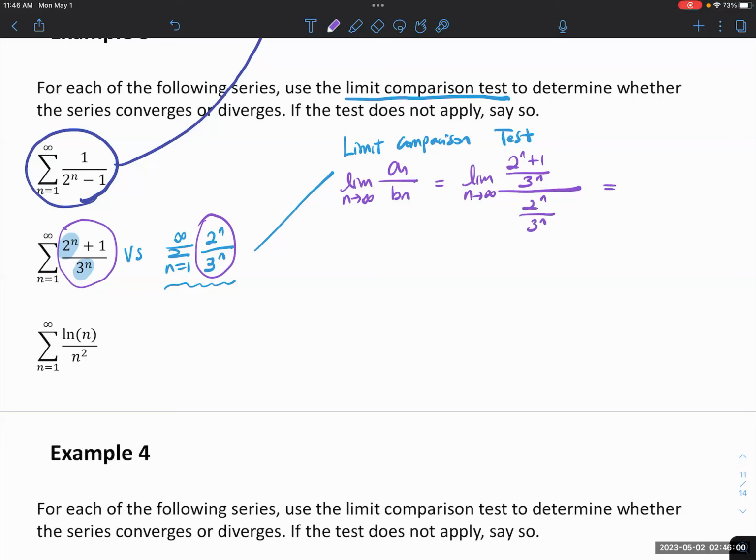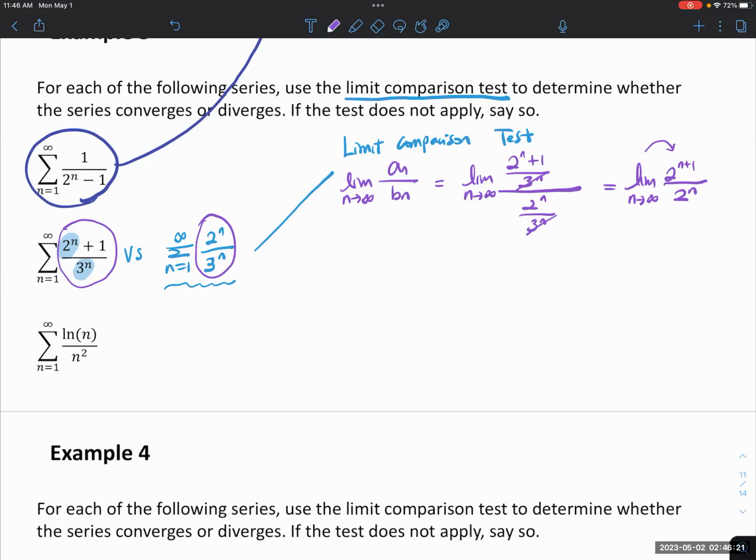If I simplify, the 3 to the n on the bottom cancels. So the limit as n approaches infinity is 2 to the n plus 1 over 2 to the n remaining. Now I'm just evaluating the limit of that function. You're going to divide everything by 2 to the n.